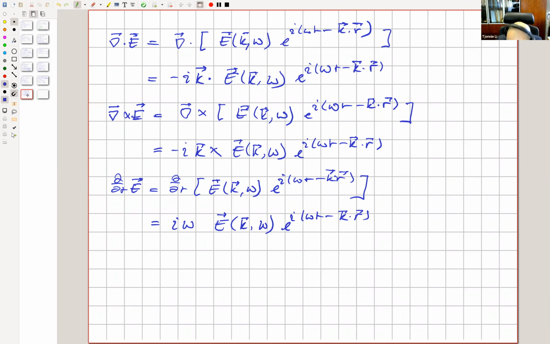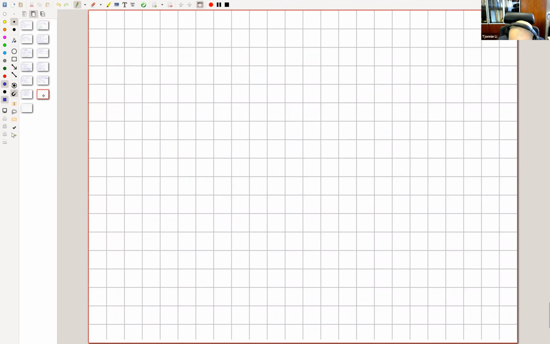But now I can use all of this to put it into Maxwell's equations, and we can first look at the divergence of E. Now just k times E, right?